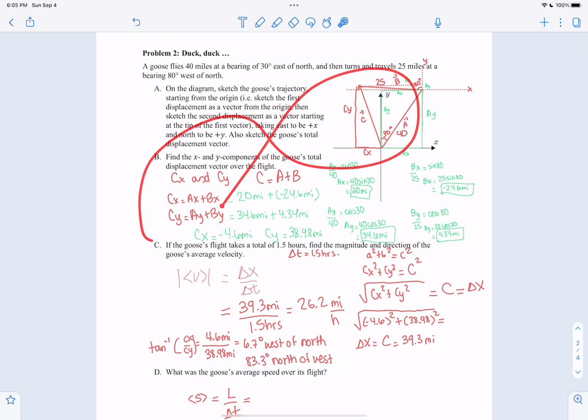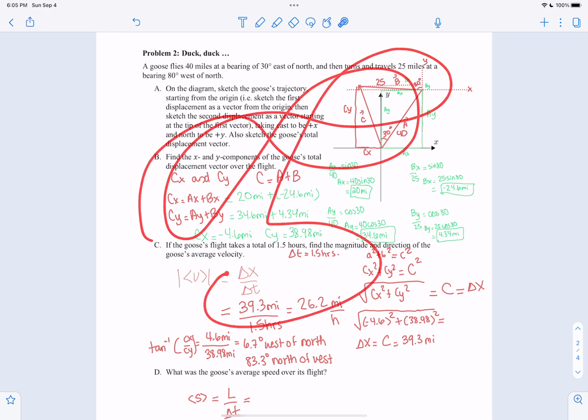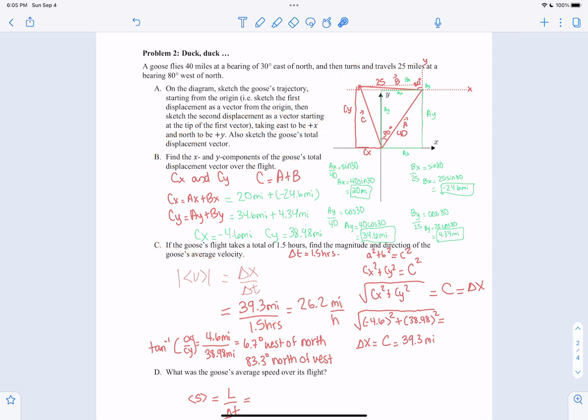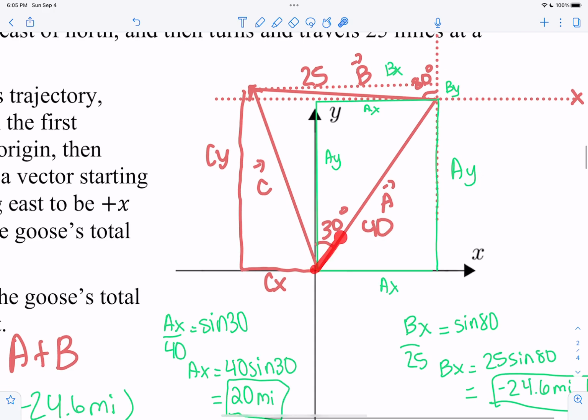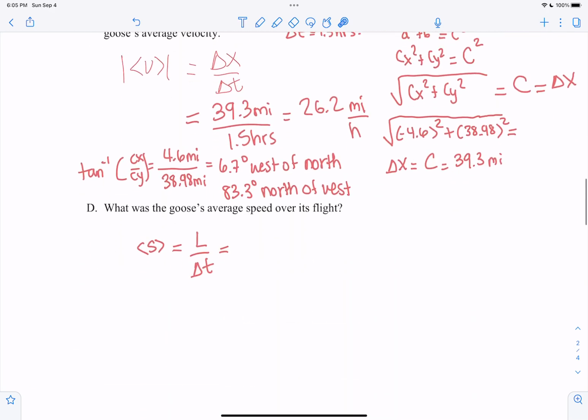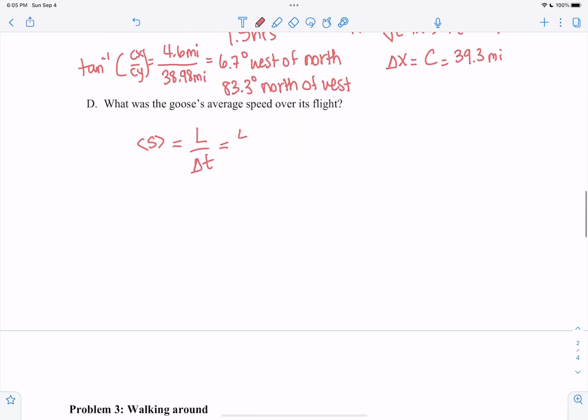I could go like this and end up here, right? Displacement would be from this initial position to there, but my path length would have been this whole deal to get to the final position. So my displacement was the C vector, from initial to final, but my path length was from here to here on vector A, and from here to there for vector B. So 40 plus 25 miles would give us our total distance traveled.